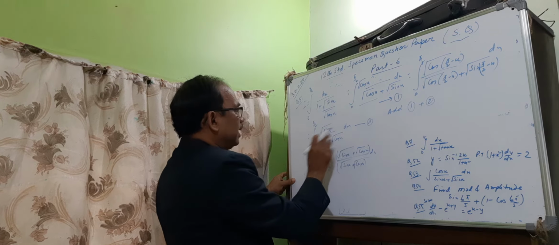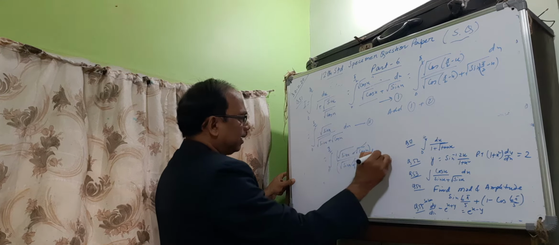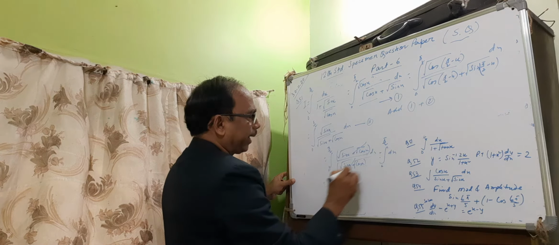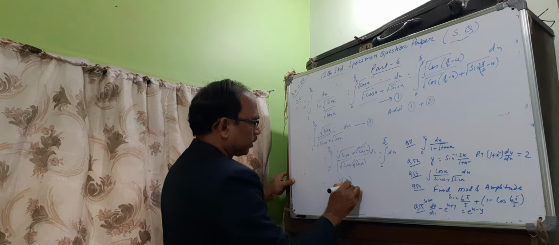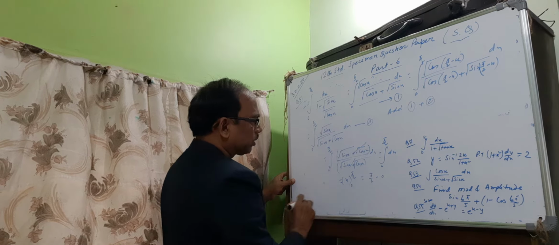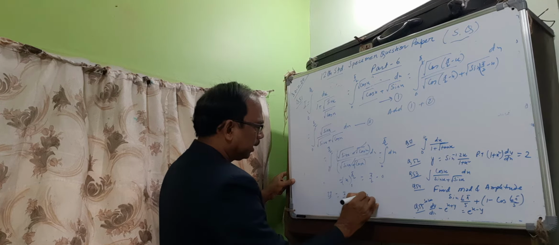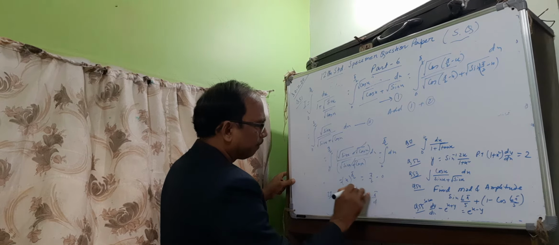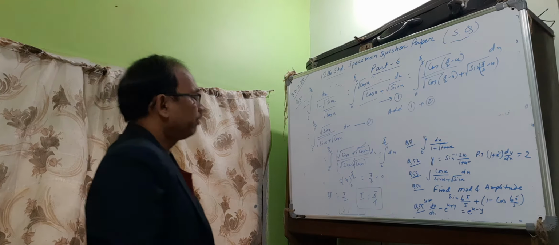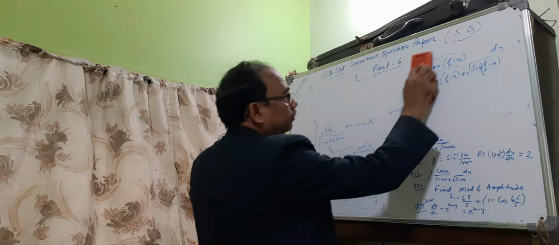This and this cancel, so that is the integral from 0 to pi by 2 of dx, which is x from 0 to pi by 2, that is pi by 2 minus 0. Then 2I is pi by 2, so I is pi by 4. That is the value of this integration. Sum number 51 done. Next, sum number 52.